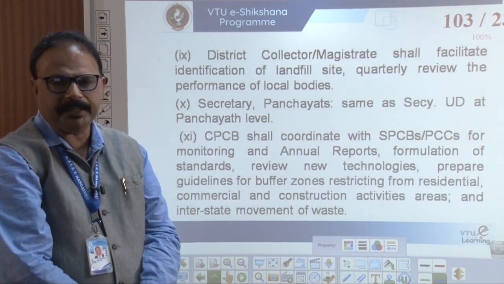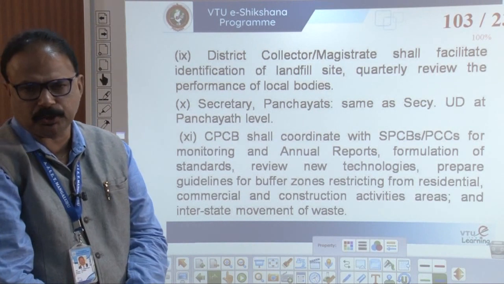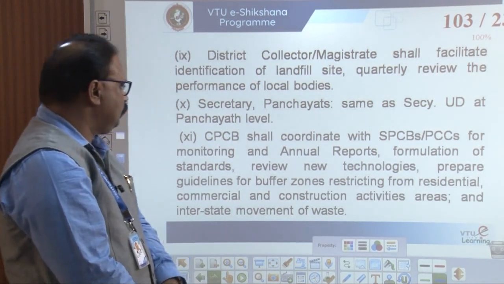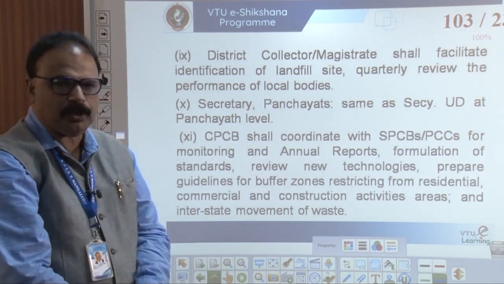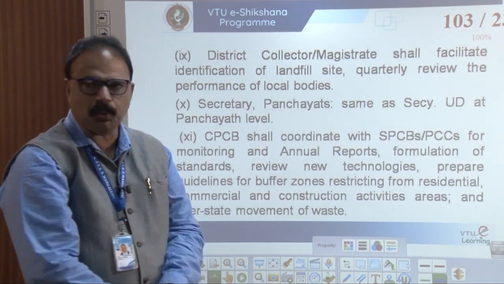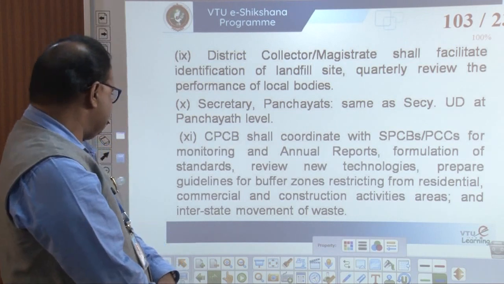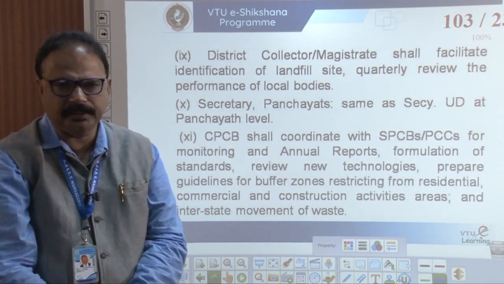The Central Pollution Control Board shall coordinate with State Pollution Control Boards for monitoring, annual report, formulation of standards, review of new technologies, and guidelines for buffer zones for residential and commercial construction areas and interstate movement of waste.